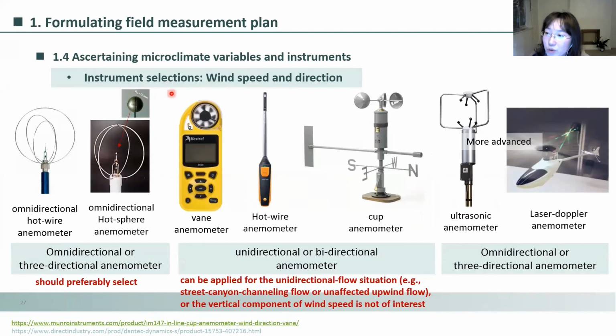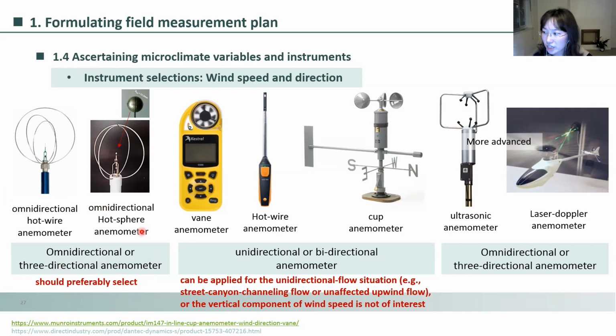And if you want to select an instrument to measure the wind speed and direction, you can see the photos in this slide. There are various anemometers based on different techniques, and I think their selection mainly depends on the wind characteristics in the urban study areas. For me, I would like to recommend the unidirectional or three-dimensional anemometer like this, because it can capture the turbulent flow in urban areas.